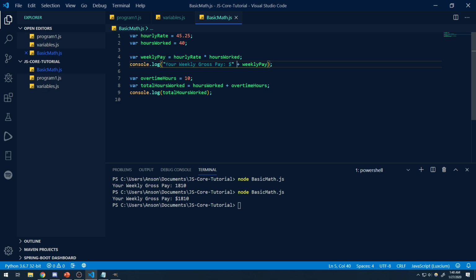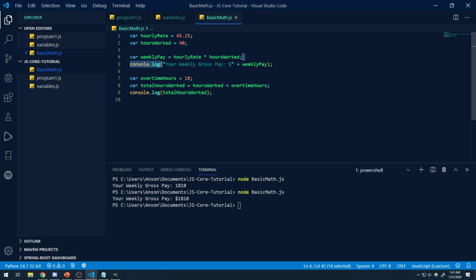Okay, we can see that over here this is a string. Okay, and we are using this plus operator with a numeric type. So logically, JavaScript knows, the engine knows that we're not adding two numbers together. We're actually concatenating a string with a number. So the output of that is going to be a string.